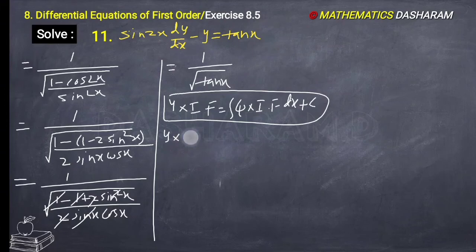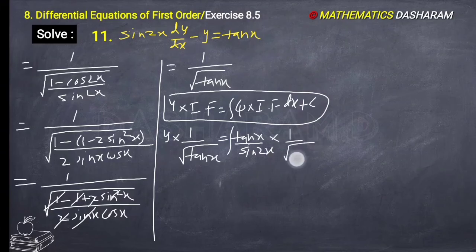So y into integrating factor root tan x equals integration, the q is tan x by sin 2x into 1 by root tan x dx plus c.